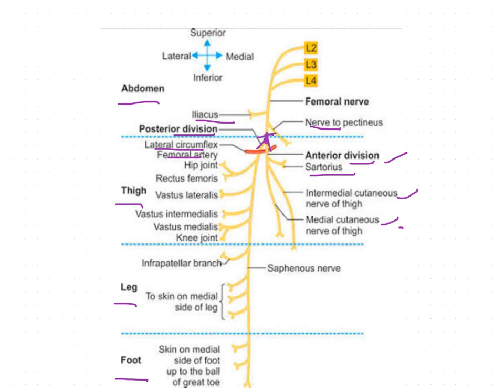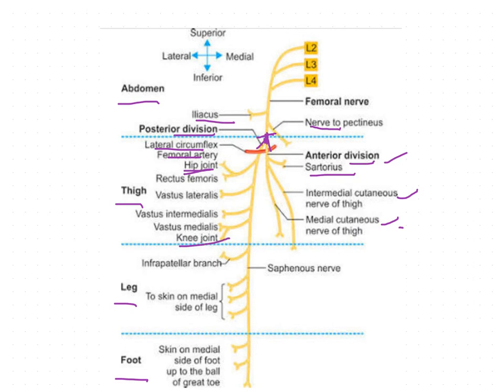If we see the posterior division, it has muscular branches, cutaneous branches as well as articular branches. The articular branches go to the hip joint and to the knee joint.